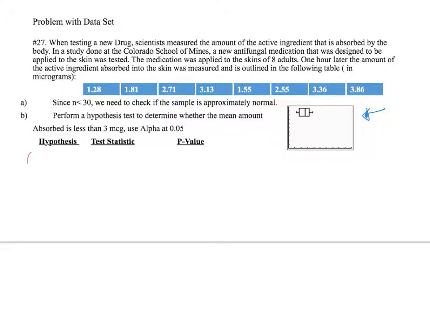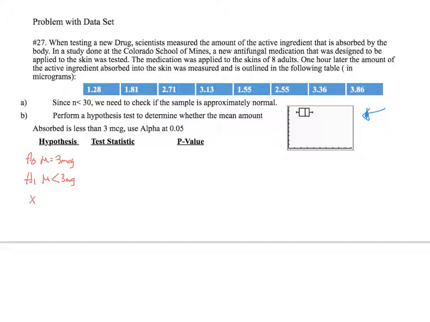The hypothesis test is H naught: mu is equal to 3 micrograms, and H1: mu is less than 3 micrograms.